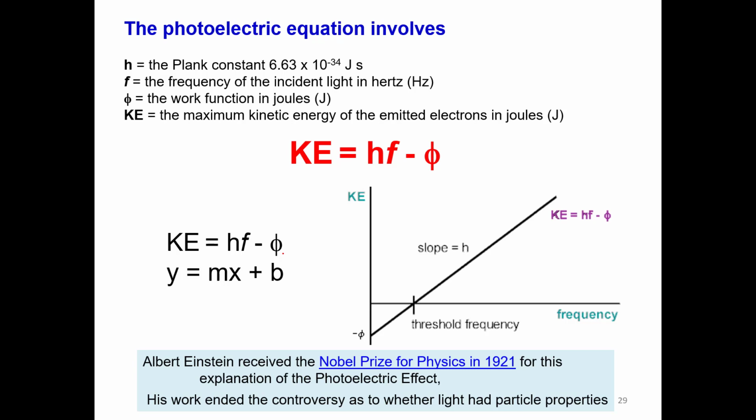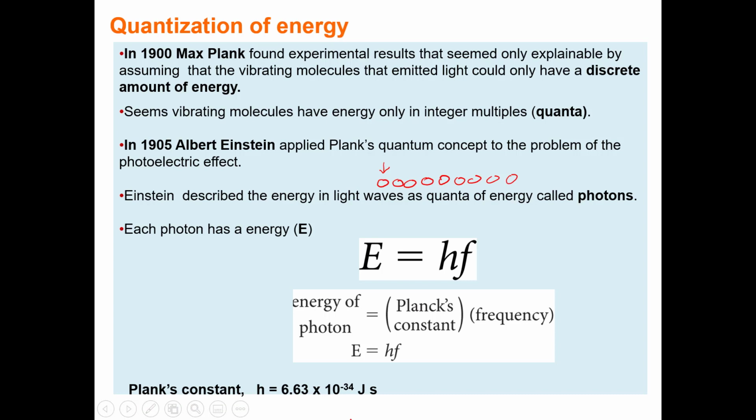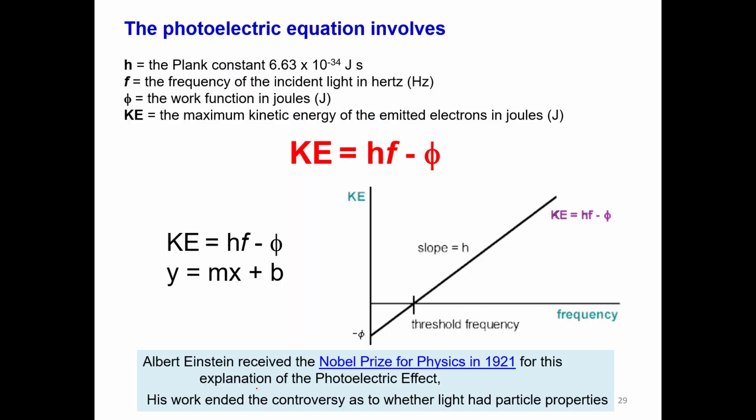Yes. Then we are more interested in this part. The x is the frequency, and the slope that he calculated was this value. In honor of Max Planck, he called it Planck's constant, in honor of the scientist who conducted the experiment.